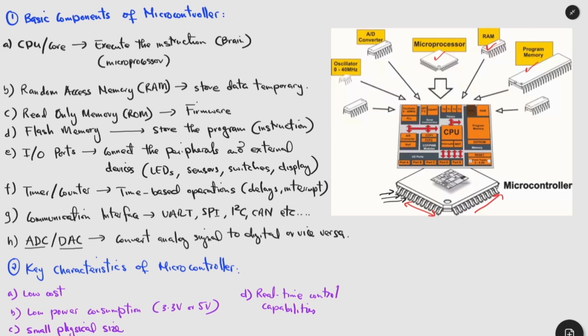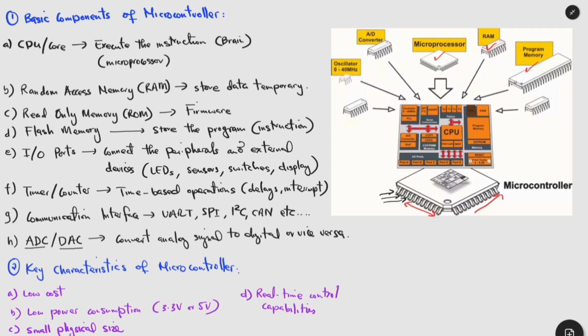And those types of microcontroller describe the key characteristics that most microcontrollers will have. Most engineers nowadays are trying to minimize the size of the microcontroller so it can fit into different embedded applications. And because it is very small, the power consumption will also be reduced.